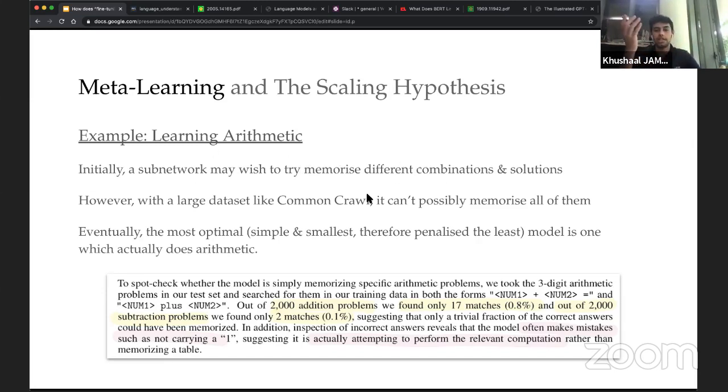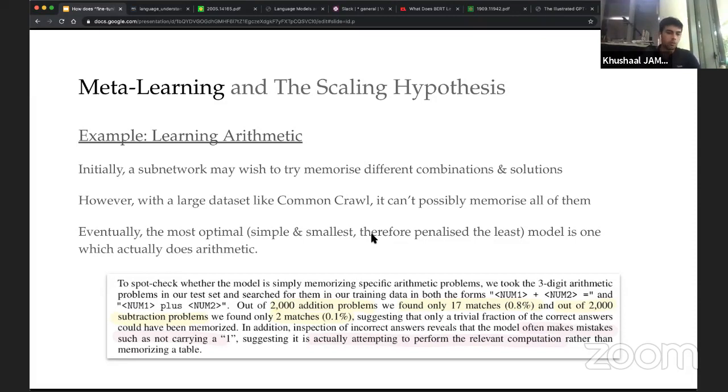But with a large data set like Common Crawl, which is enormous, almost 1 trillion words, it can't possibly memorize them all, right? A subnetwork which attempts to do so will become larger and larger and therefore will be more penalized. Eventually the most optimal model is one which actually does the arithmetic.